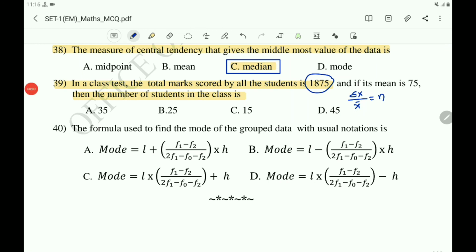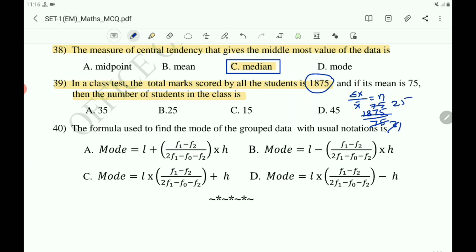So that is 1875 by 75. Then you divide. 25 3s are 75, and you know that 25 7s are 175. Here 175 means 125 is remaining. 25 5s are 125, then 3 1s are 3, 3 25s are 75.